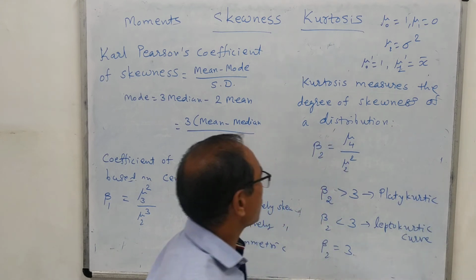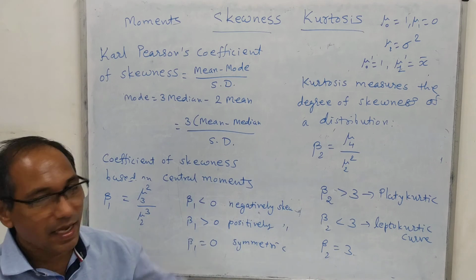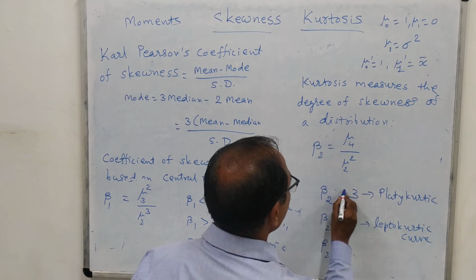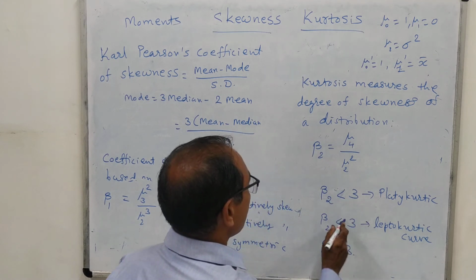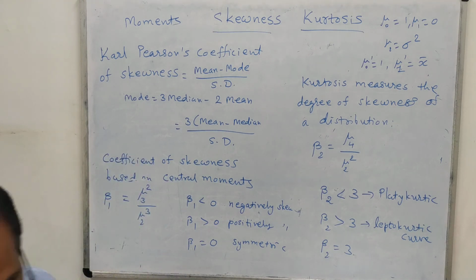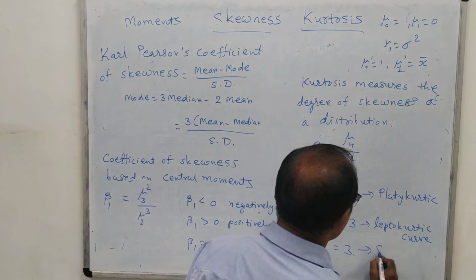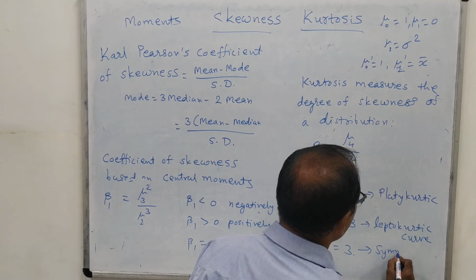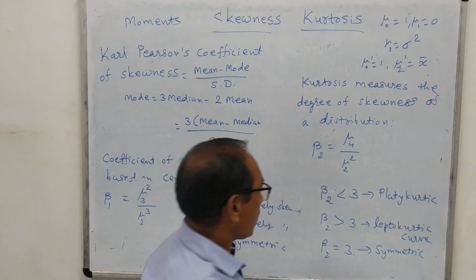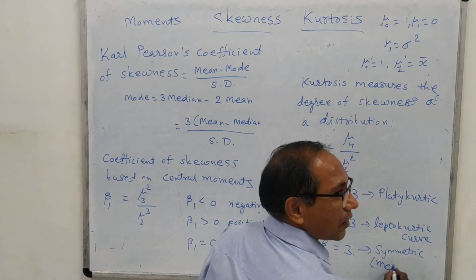So if you are asked to find the value of kurtosis and comment on the curve of the distribution, you can say that if beta 2 is less than 3, it is platykurtic, if beta 2 is greater than 3, it is leptokurtic, and if beta 2 equals 3, then the graph is symmetric, or known as mesokurtic.